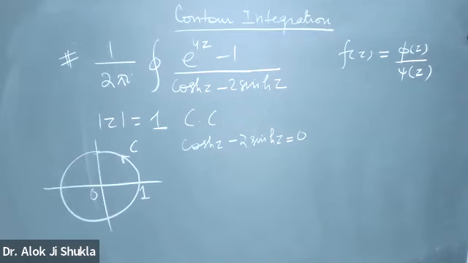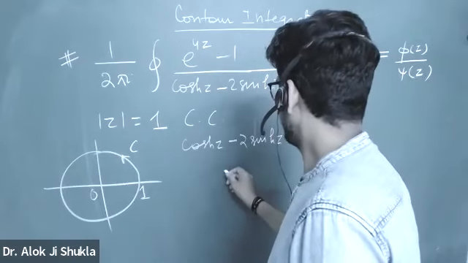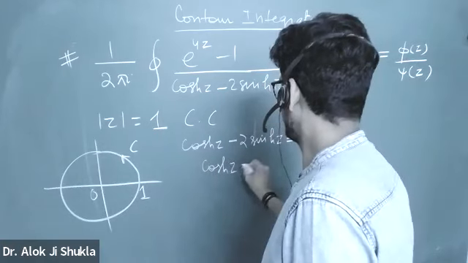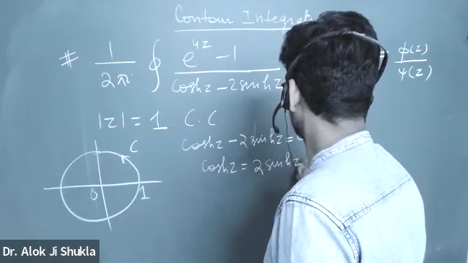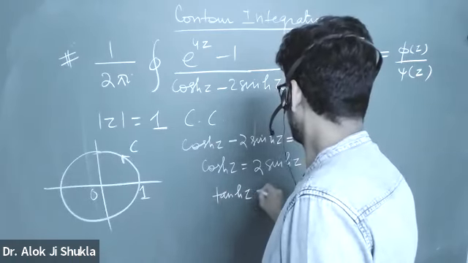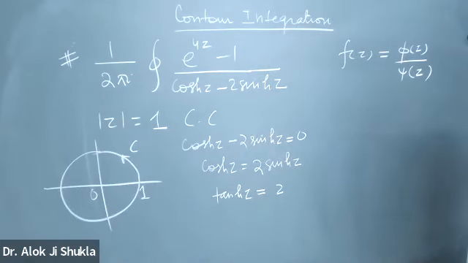So this will give cos hyperbolic z is equal to 2 sine hyperbolic z. That means tan hyperbolic z is equal to how much? 1 upon 2.